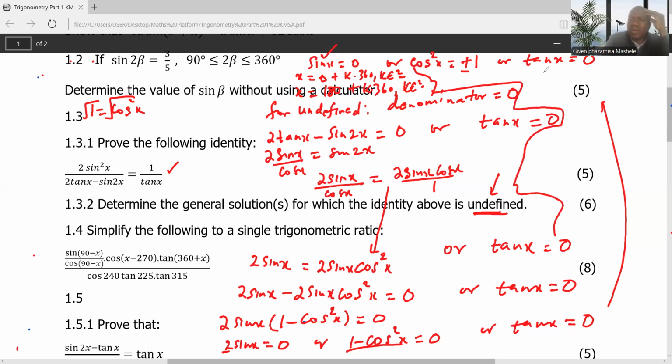So here we're going to say cos x equals 1, or cos x equals minus 1, because we allowed plus and minus. Remember, when you're dealing with cos you must have 2 solutions with plus and minus.